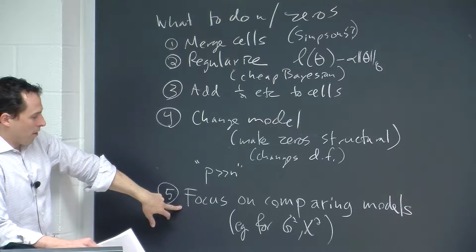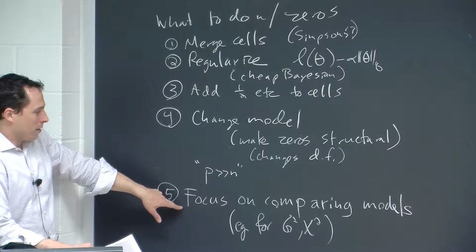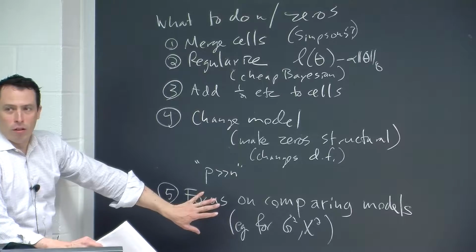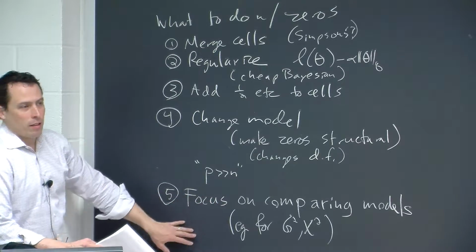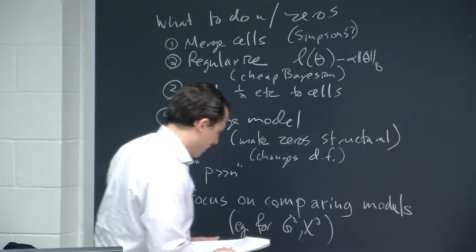So one of the things that we can do is to focus instead on comparing different submodels rather than judging the overall g-squared or the overall likelihood ratio or Pearson test.